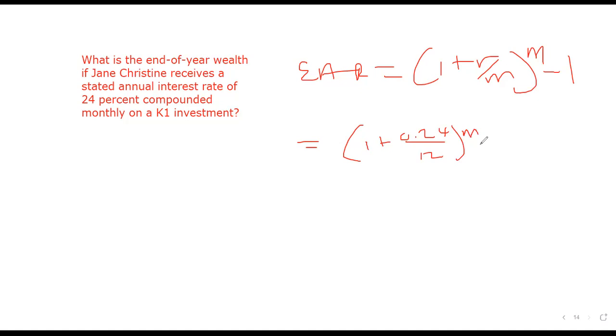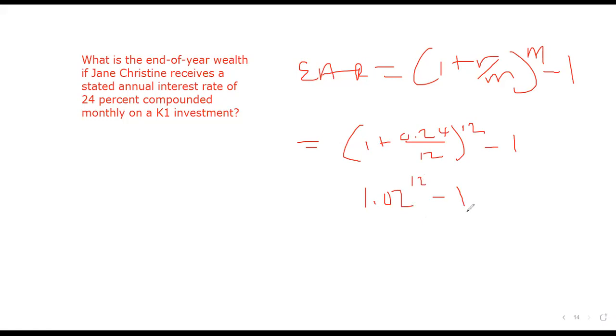There's no time in this factor. So we calculate the effective annual rate. 0.24 divided by 12, then 1 plus that answer, we're going to get 1.02, to the power 12 minus 1.